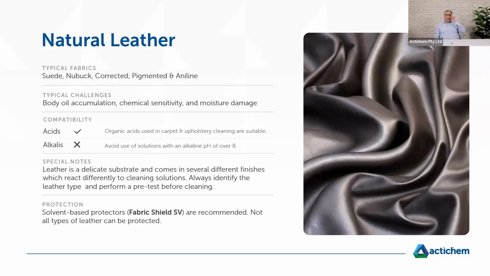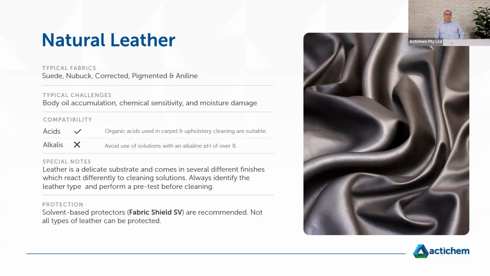Leather is a big subject, as we said, and the cleaning of it can be quite a challenge. There are basically 2 broad divisions in leather. One is your raw type of leather, suedes and aniline leather, which can darken very easily with cleaning solutions and anything that's got any oils in it.